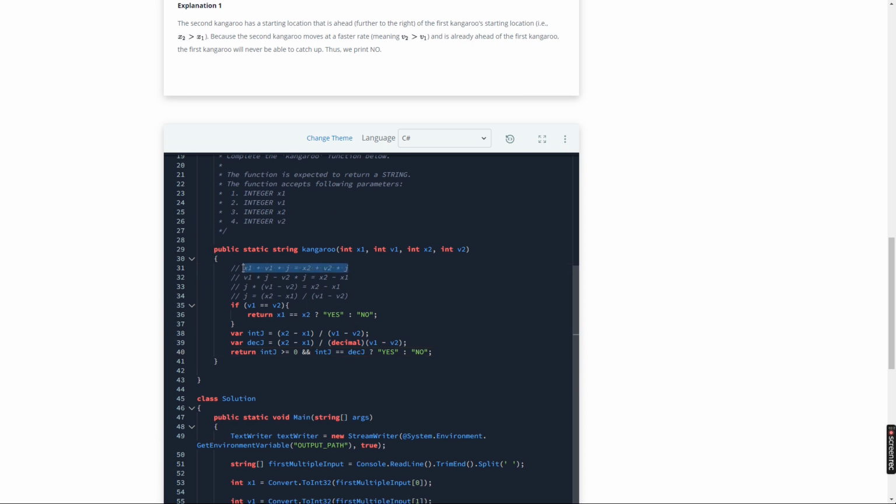So we can build the following equation. x1, v1, x2, v2 are given. They are from the condition. And j is our unknown. We can find it on both sides of the equation. So the left hand side of the equation is related to the first kangaroo, and the right side is for the second kangaroo.